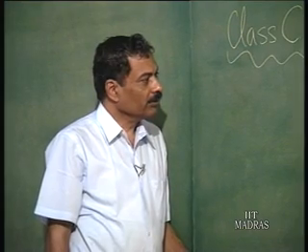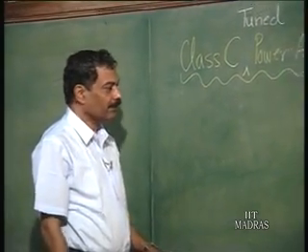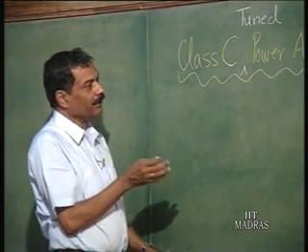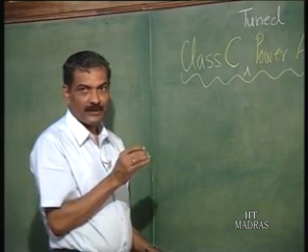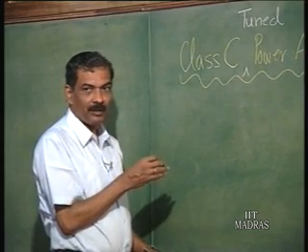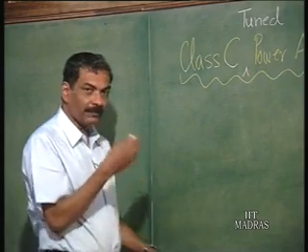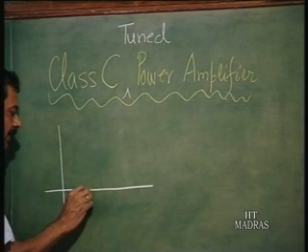So, let us see how doing that kind of thing we can achieve better performance. Obviously, in class B we got 78.5% efficiency. We have to see whether class C operation can make it more efficient than that. But we have to now make use of only part of the time of conduction.